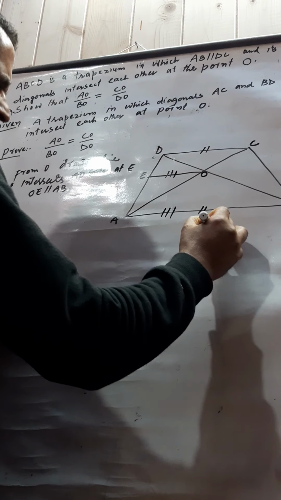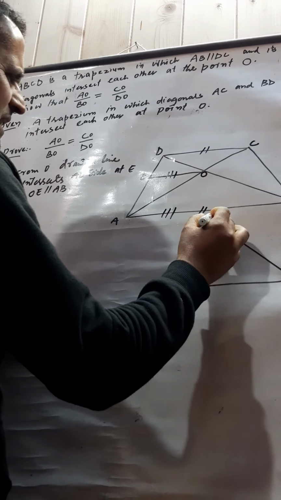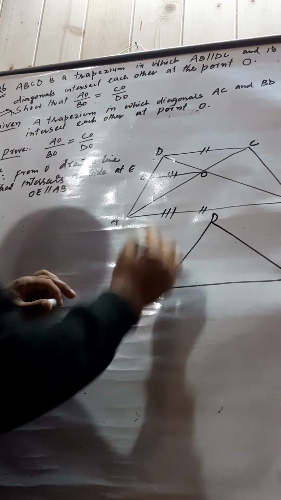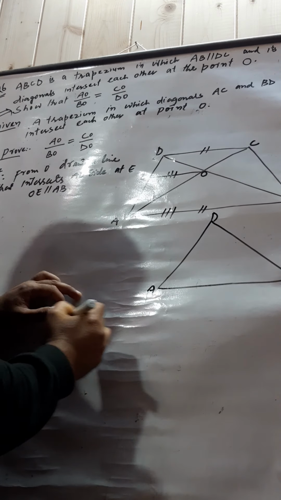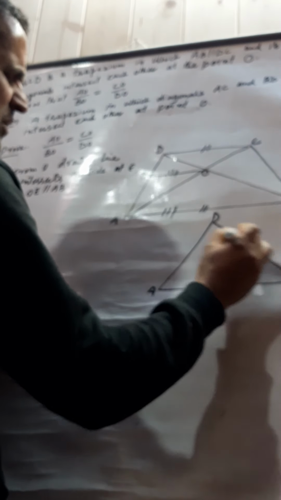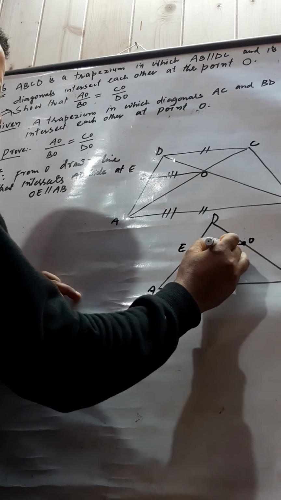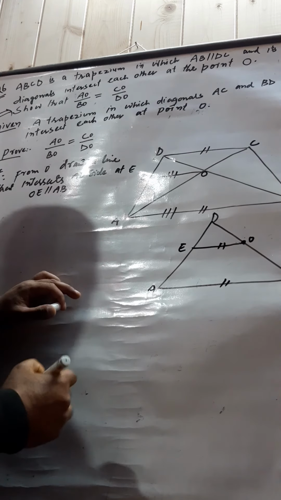So we get a triangle like this. Consider this as D, this as A, this as B. Here we have O, and this line OE is parallel to AB.